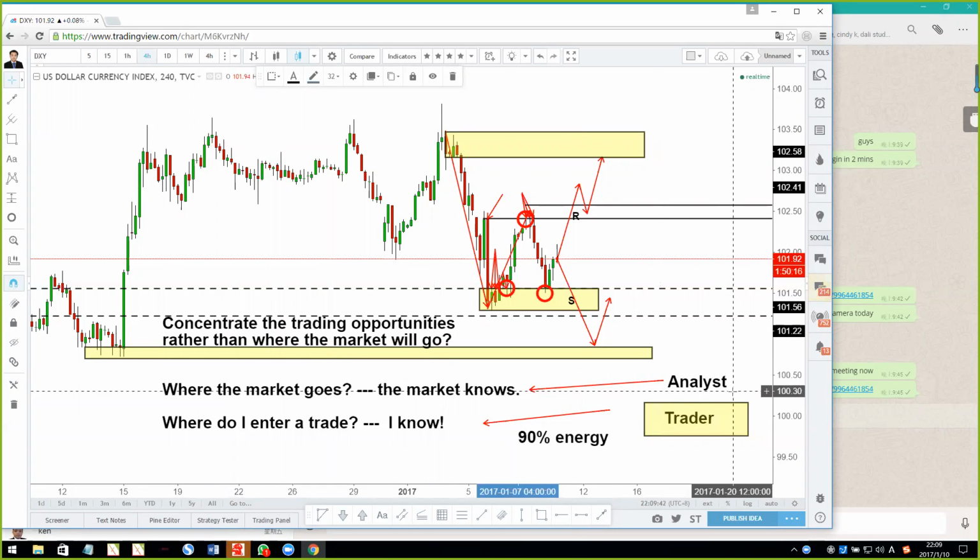Because analysts work for the banks, for the institutions. So when an analyst tells you this stock is worth buying, or from the fundamental analysis that this company has good PE ratios and a good rate of return, all of which supports buying the stock, is this analyst really working for you or for the institutions?